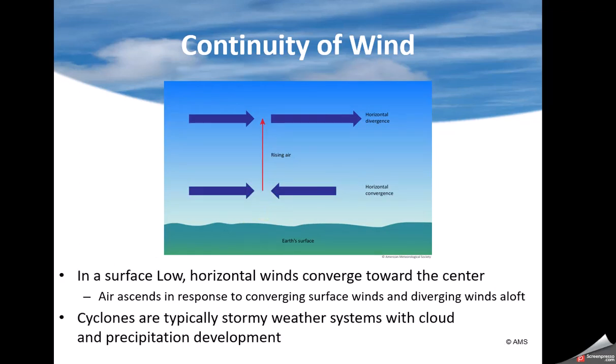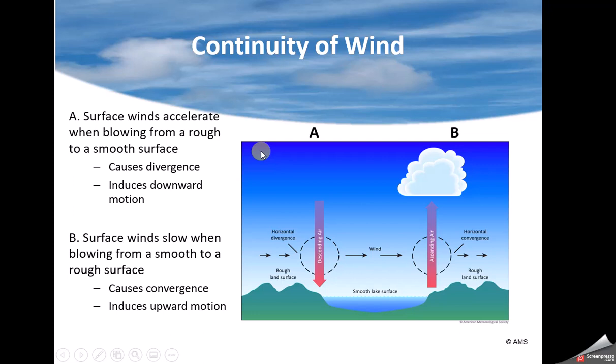If you have the opposite effect, you get divergence aloft, convergence at the ground, you have rising air. So, we're going to talk about a sea breeze here. A sea breeze forms over the water, we'll say. Over the water is very smooth.